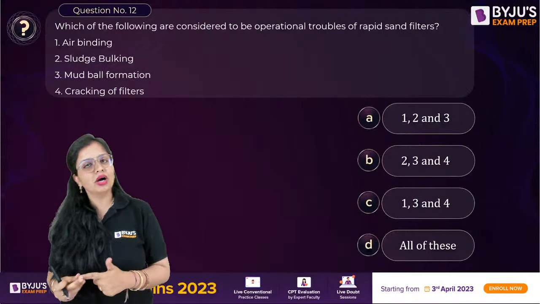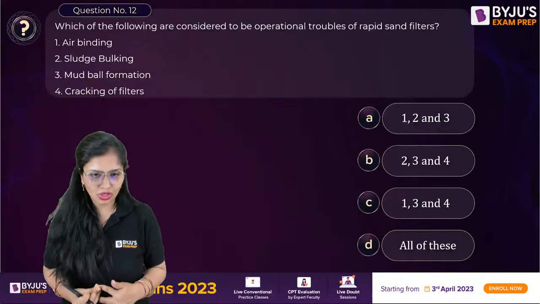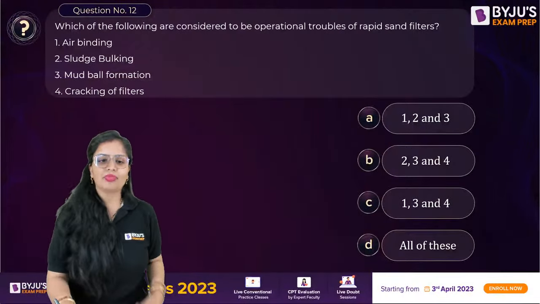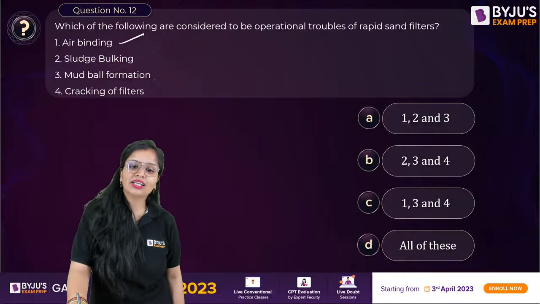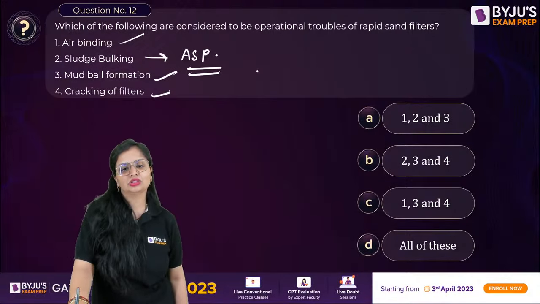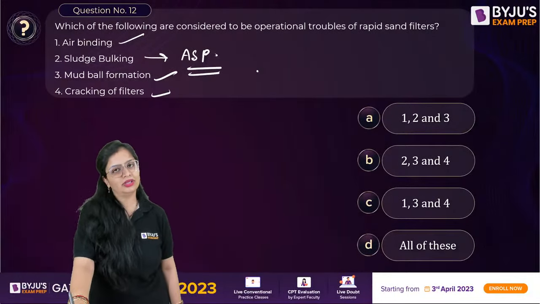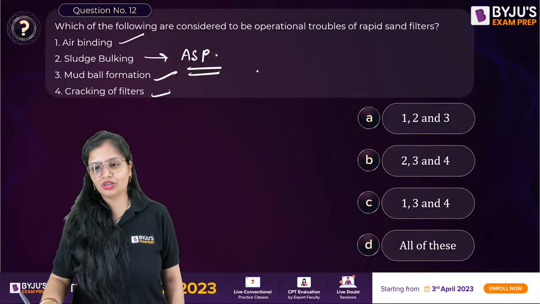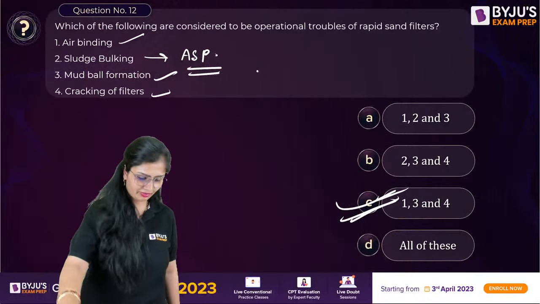Mud ball formation, true. Cracking of filters, loading, unloading and all those things. Sludge bulking is for ASP, the activated sludge process. This is not for rapid sand filter. So here you will get 1, 3, 4 again as the right answer.